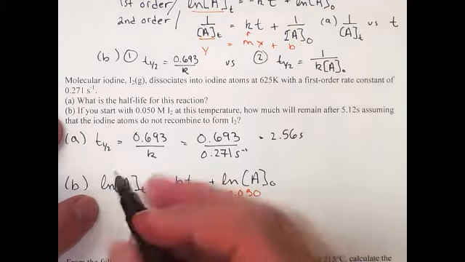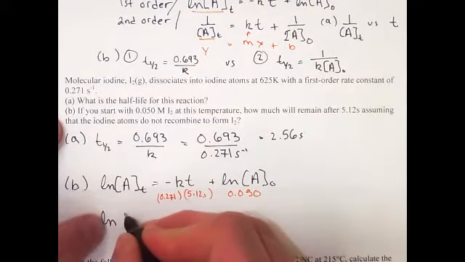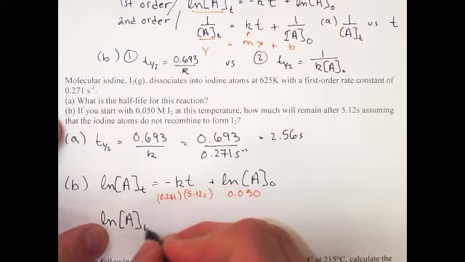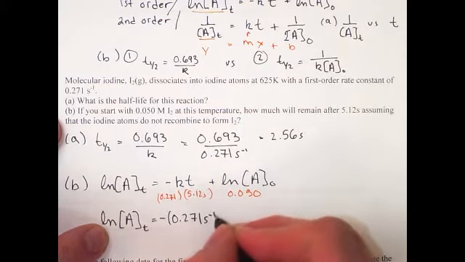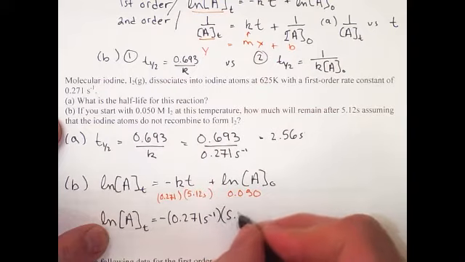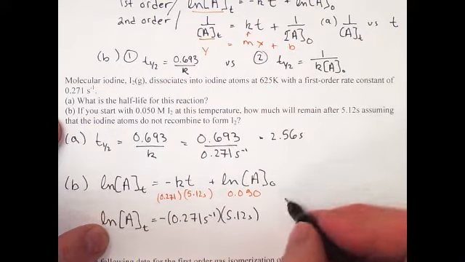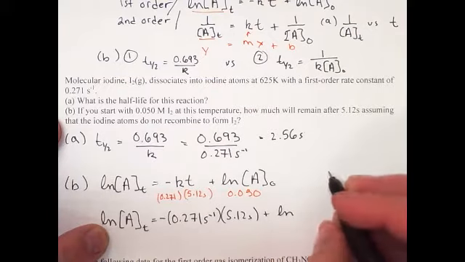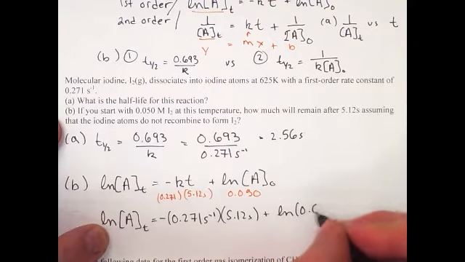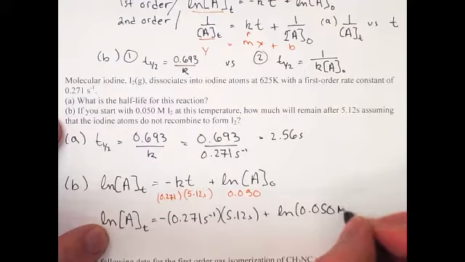So now we're just going to plug along and get it. ln A at t is equal to negative 0.271 seconds to the negative 1 times 5.12 seconds, plus the natural logarithm of 0.050 molar.